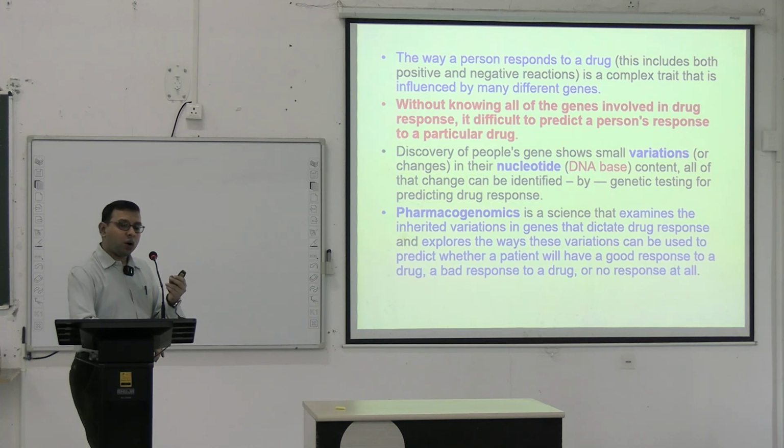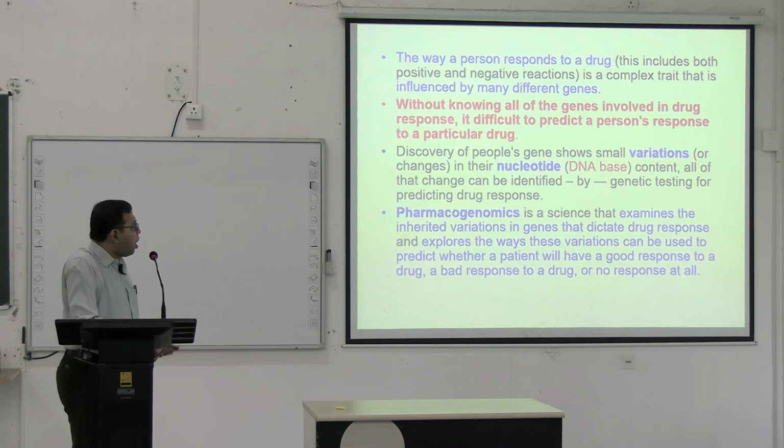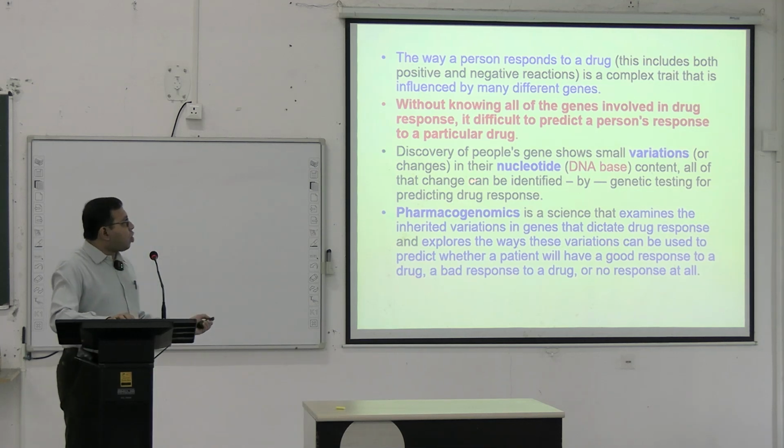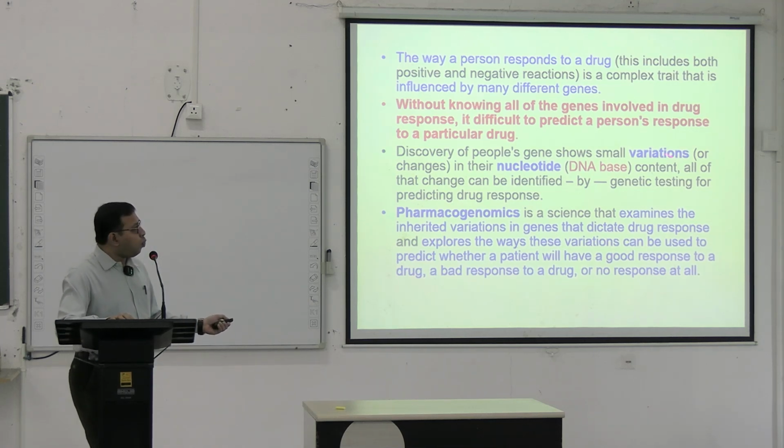So there is not only one gene; different genes help in the different pharmacokinetics and pharmacodynamics of the drugs. Without knowing all of the genes involved in drug response, it is difficult to predict a patient's response to a particular drug. We cannot know all the genes, so all the factors. But through discovery of people's genes, we can capture small variations in their nucleotides.